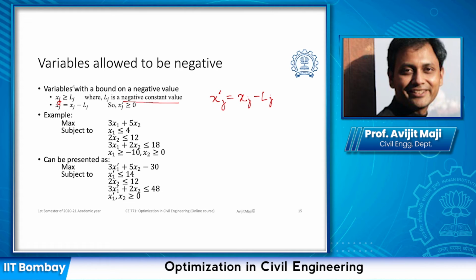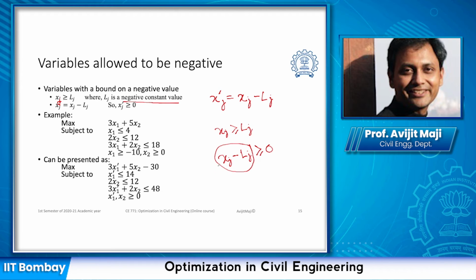Here xj is greater than or equal to lj, so we can write it as xj minus lj greater than or equal to 0.